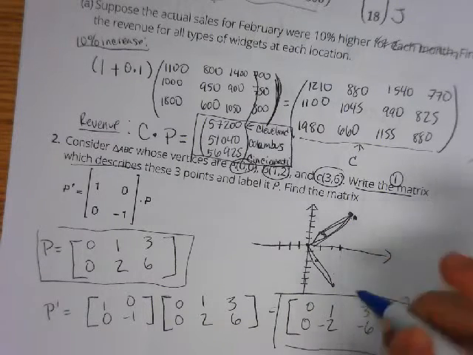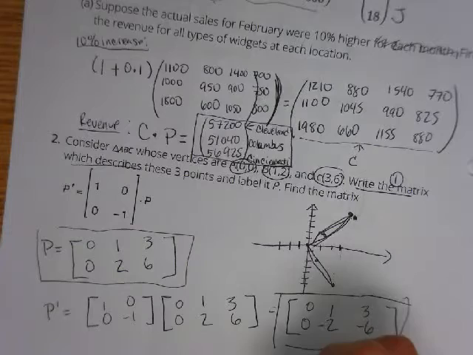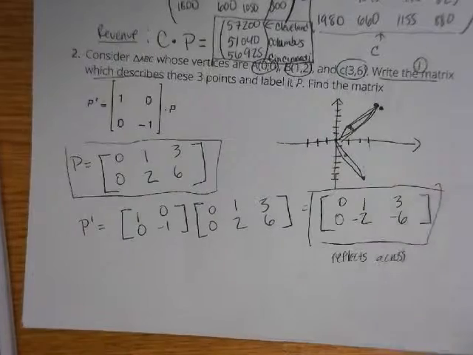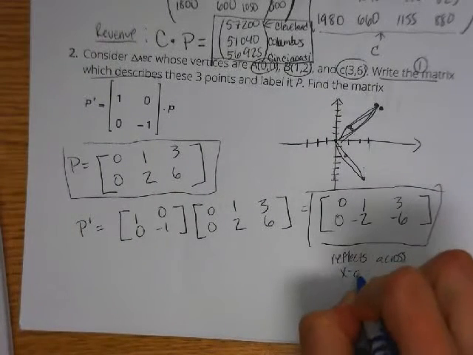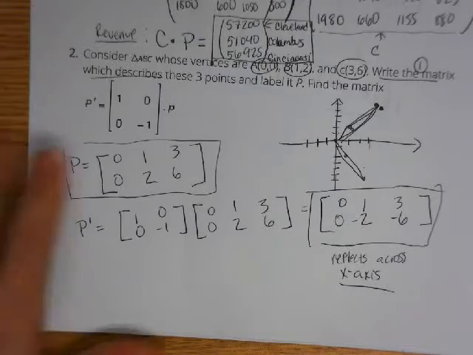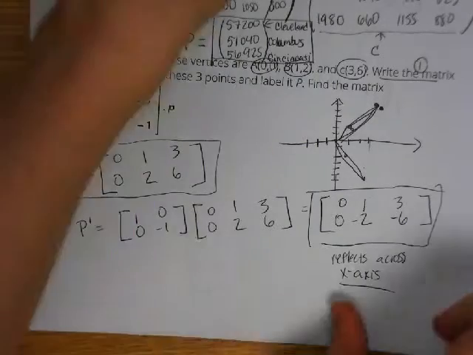Basically, to get from here to here, what this does, it reflects across the x-axis. Didn't ask for that, but I think it's helpful to understand what those multiplications are doing.